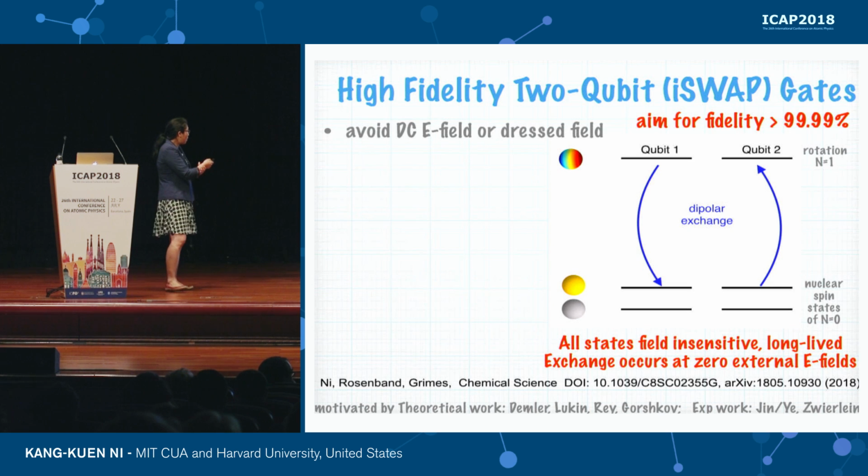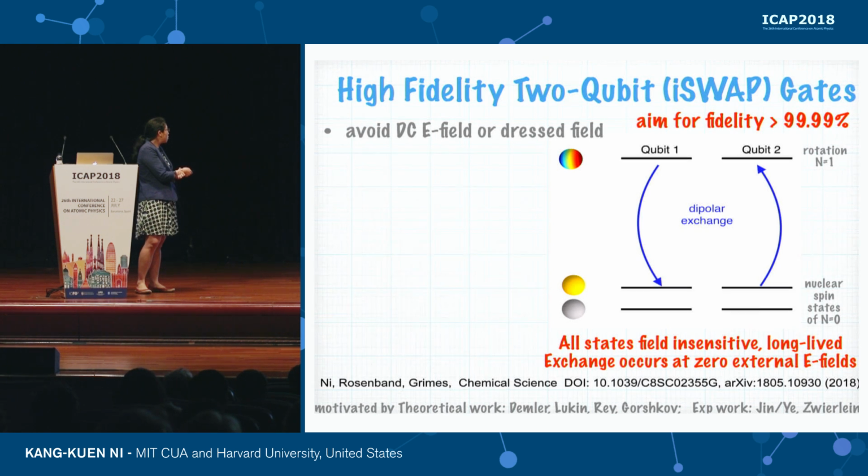Okay, so our proposal and analysis was motivated by the work of Demler, Lukin, Rey, and Gorshkov, and also experimental work in Gil Karabi and Martin Zwierlein's group, where what we're thinking about here is that we want to use nucleus spin states as our qubit states, 0 and 1, but we want them to interact.